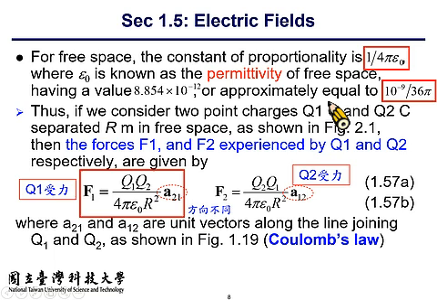I don't know why it can be formed with such an interesting numerical expression. However, the other important thing is here. To the left it says that F1 equals Q1 times Q2 divided by 4 pi epsilon sub 0 R squared, times a21. What is the implication of this equation? It describes a force exerted by Q2 onto Q1.